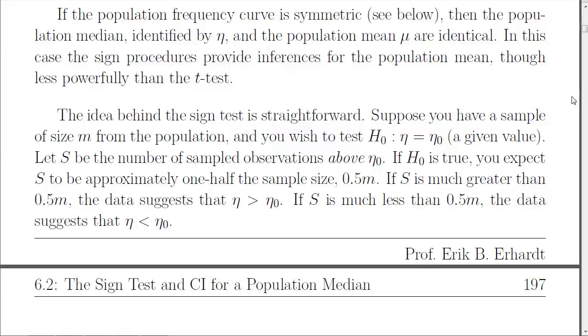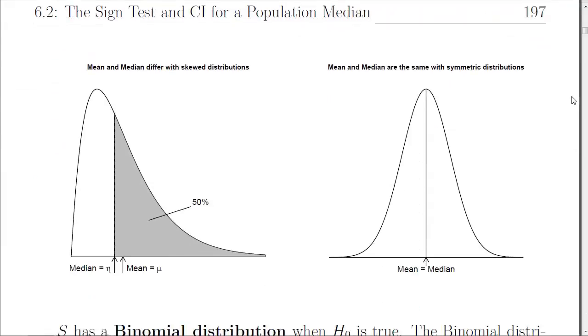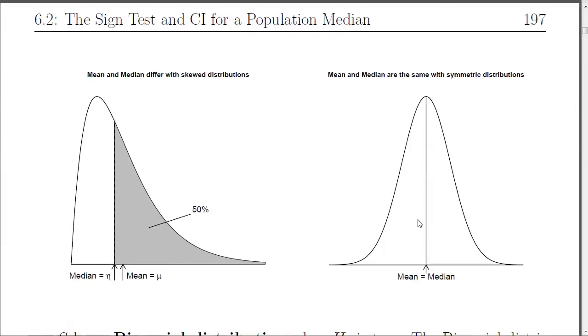All right, so here's the idea behind, maybe I'll just point to these figures for a second. So in the right-hand plot, we have a symmetric distribution. The mean and median are equal. But on the left, we have a skewed distribution, and the mean is being influenced and pulled toward that long right tail. So the mean and median in this case are not equal.